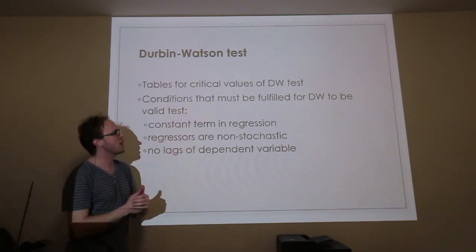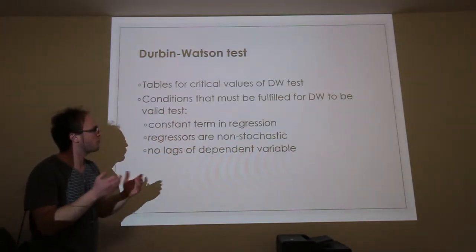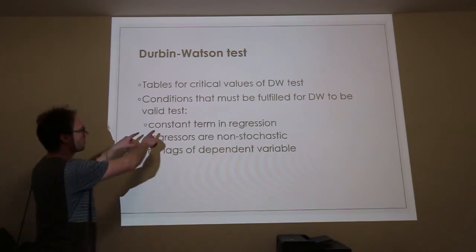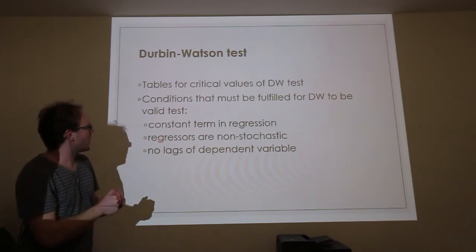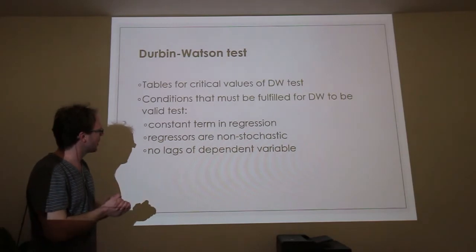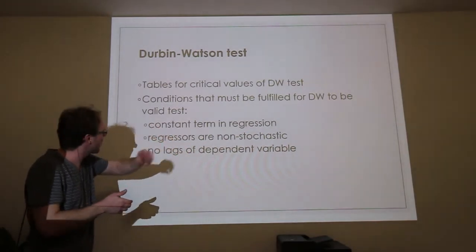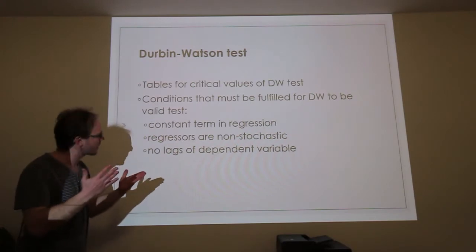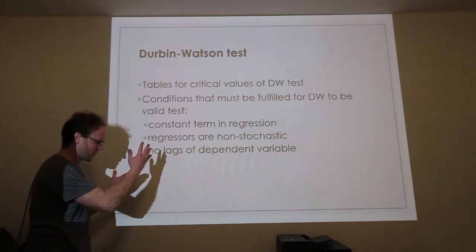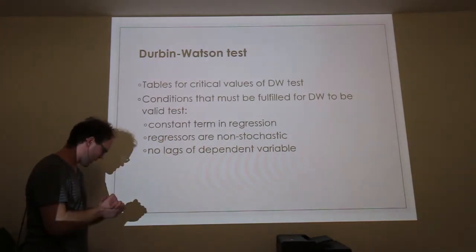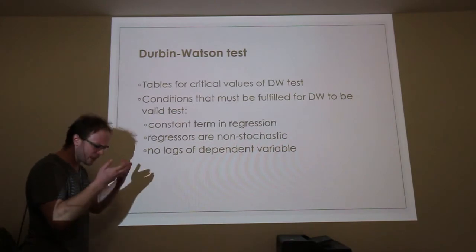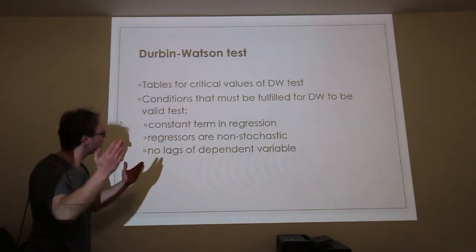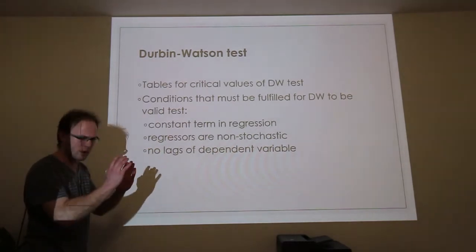Now the conditions that must be fulfilled for the Durbin-Watson to be a valid test. A constant term in the regression, so at least a constant. Regressors are non-stochastic. This test is not designed for data where a stochastic trend or stochastic component is present.